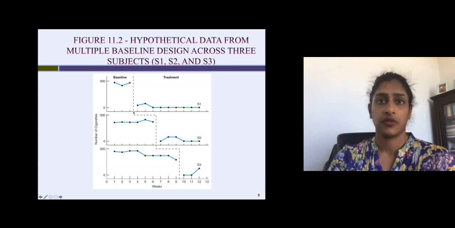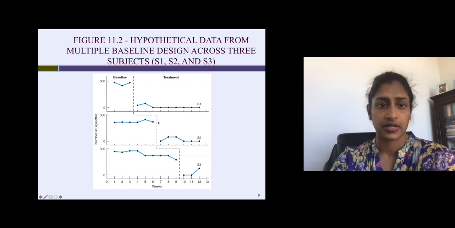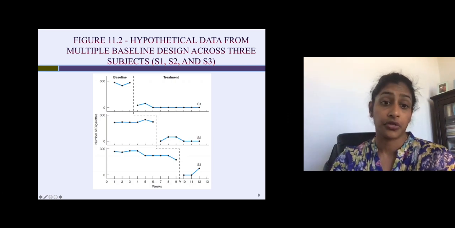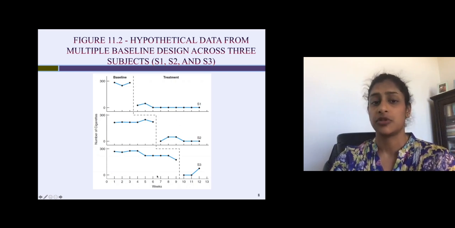So here you've got something like maybe 3.5 weeks. In your next example, you have probably something like 6.5 weeks. And then in our third graph down here, we have about 9.5 weeks. And so each of these are different subjects.